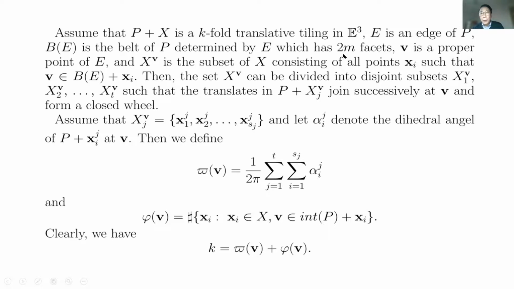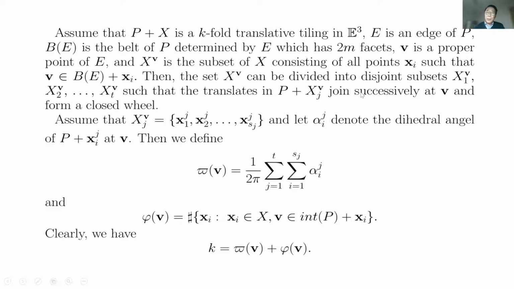This number is important, 2 times m. Later on, we will work on this m. So assume V is a proper point of the edge. This means there are some exceptions, but only a finite number of exceptions. So we pick up the point V, which is on the edge.